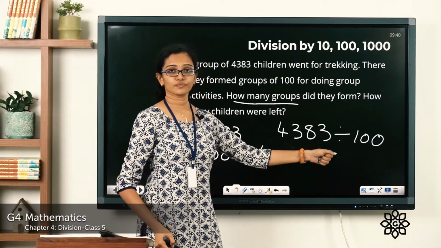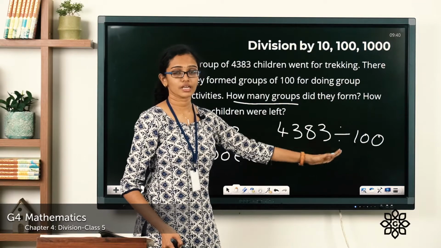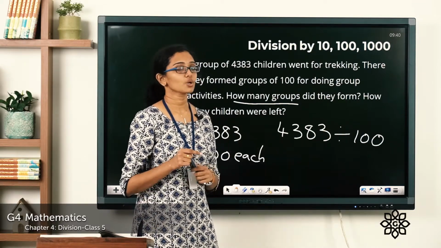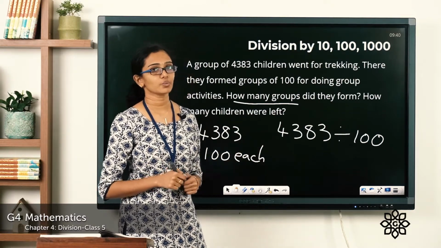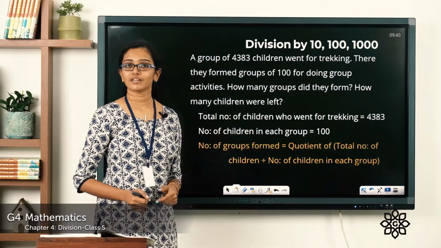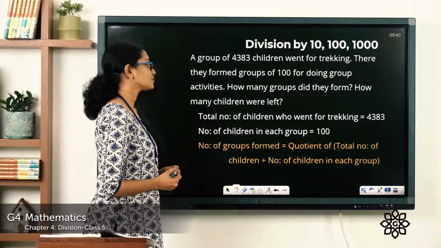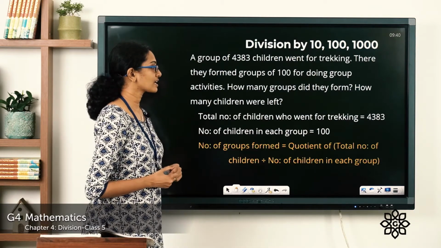That is what we are going to find out, and this will give us the quotient, which will tell us how many groups were formed, right? And the remainder will tell us how many children were left without being grouped. So let's write the steps from the data given in the question. The total number of children who went for trekking is equal to 4,383.